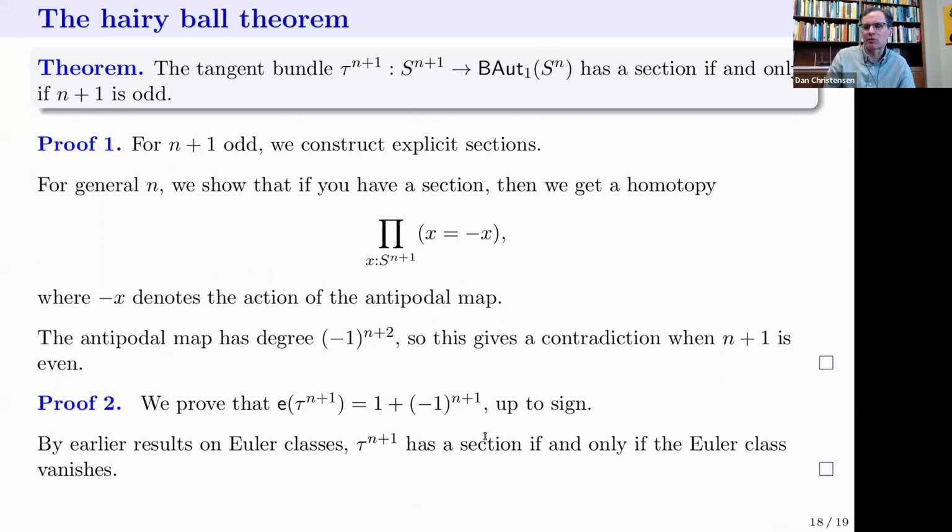There isn't some simple criterion that will tell you in general. There are some criteria, like if the base space is an H-space, then its tangent bundle should have a section. That handles S1 and S3 in this case, but not the other ones, at least not from what we know so far in HoTT. But I don't think there's a simple answer to that.